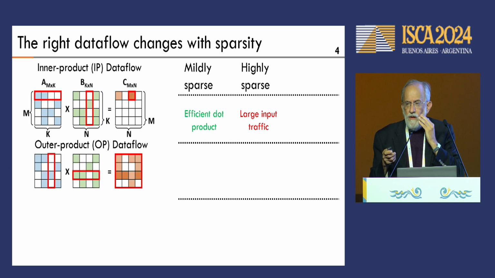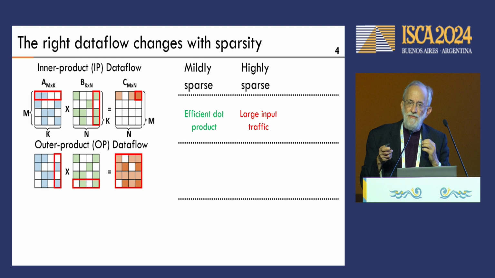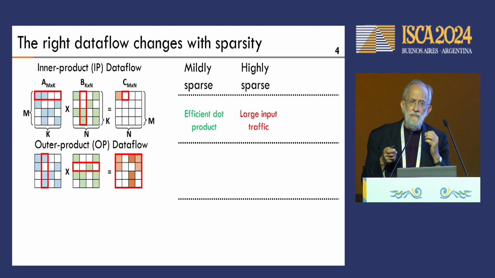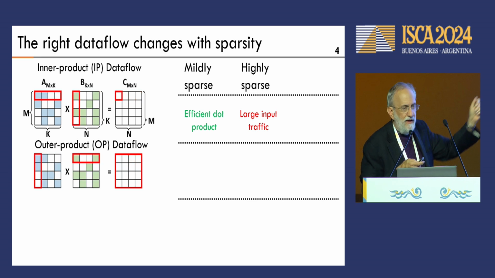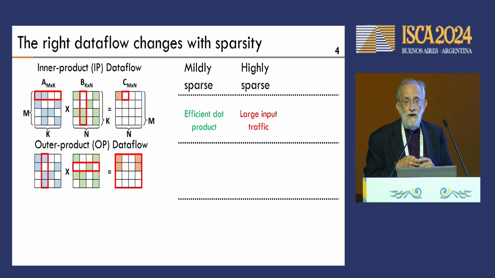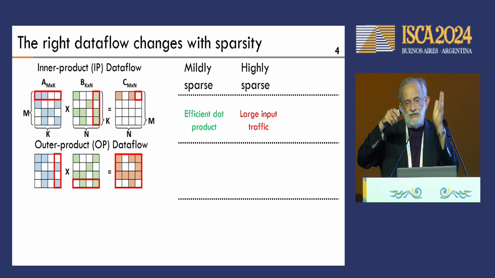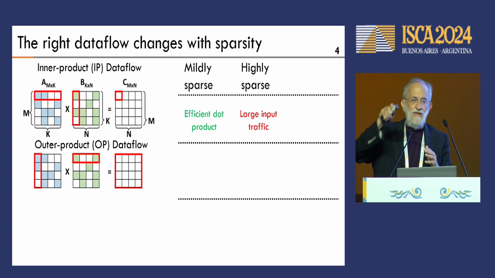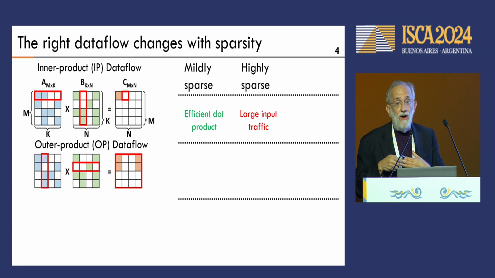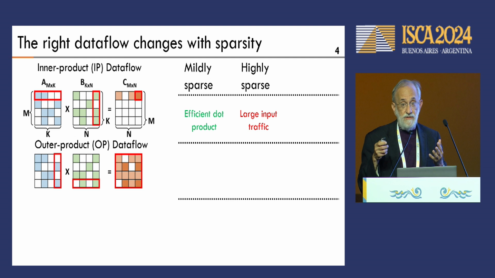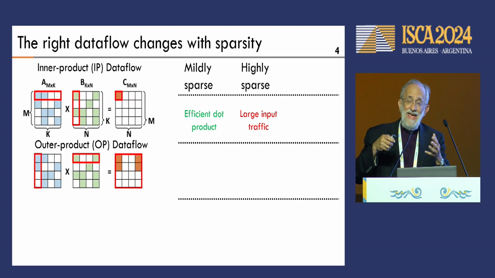Another type of data flow is outer product data flow. This was popular in a number of matrix multiply engines. In this case, you take a vertical fiber of the A matrix and every combination with a horizontal fiber of the B matrix, do a Cartesian product, creating a partial output matrix.